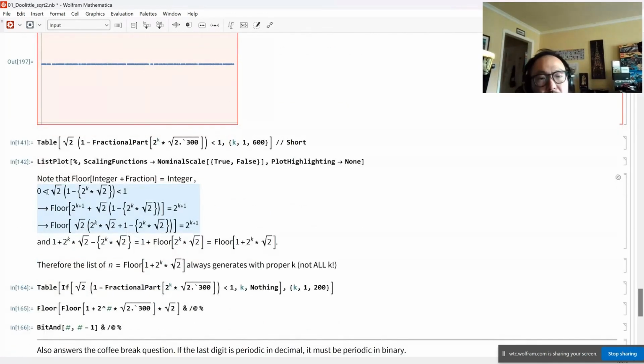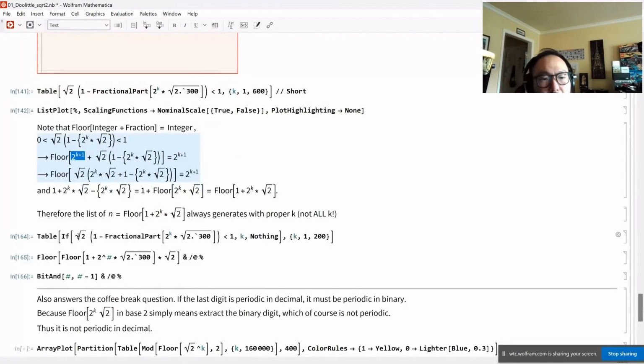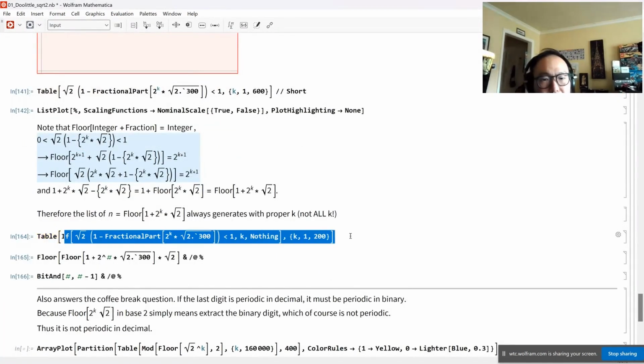And then you do this algebra. It's basically using the floor function property that it's immune to the addition of an integer part. So that's the algebra you do, and eventually you will come to this.